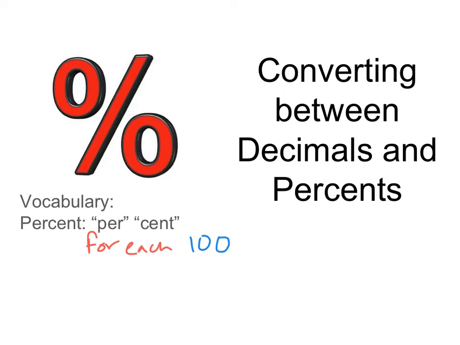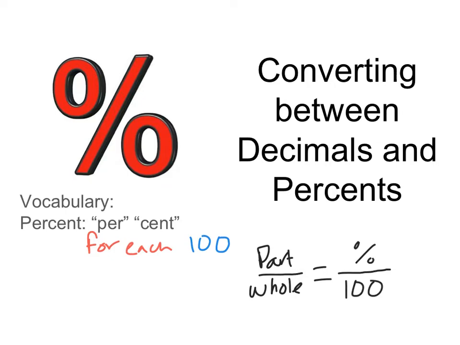And then I also want us to draw this lovely little diagram of our ratio that's our default whenever we're dealing with percents. And that is that the part to the whole of whichever situation we're looking at is equivalent to the percent out of 100, because that's what we're going to be using for this whole unit.